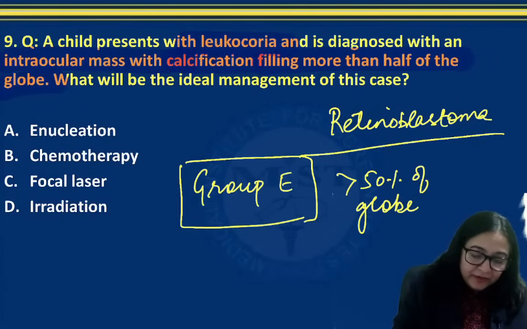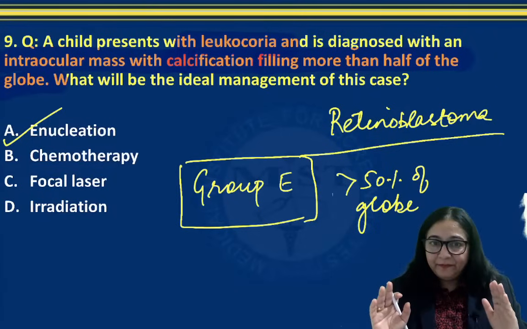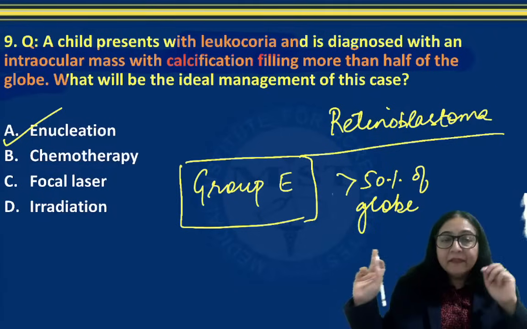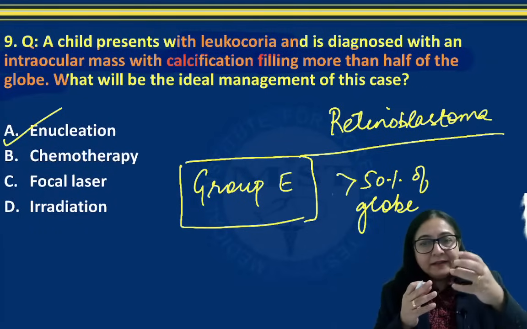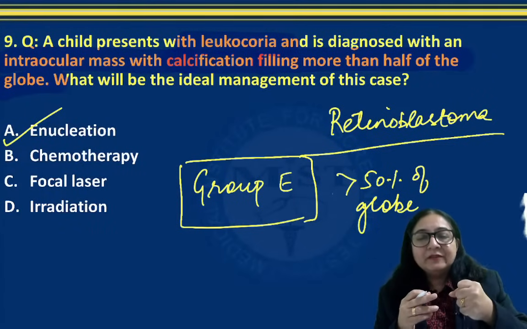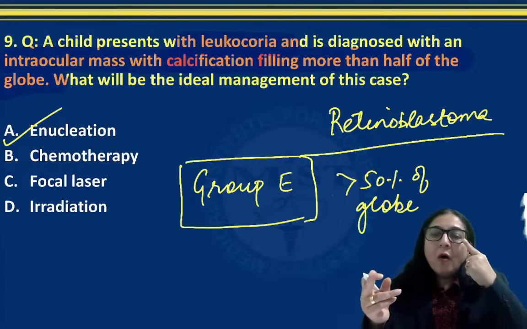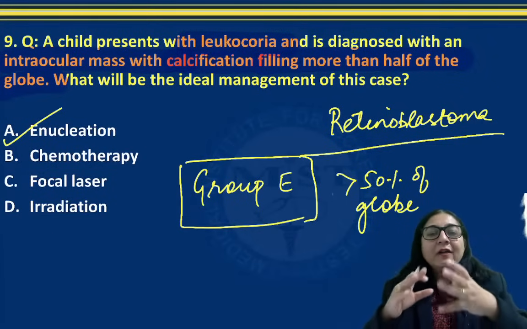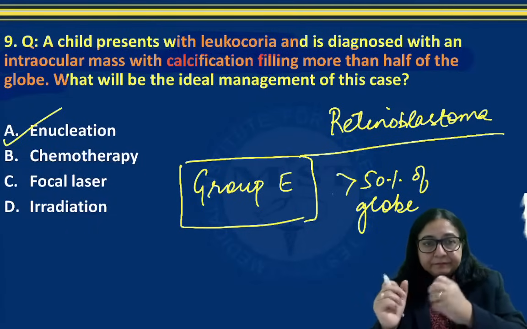Okay? So the treatment, the right answer, as all of you have told, is enucleation. Fine. Now coming to the other options, chemotherapy is given either to do chemo reduction, that is, when you want to reduce the size of the tumor before giving the focal therapy or brachytherapy, or as a palliation when there is orbital invasion.